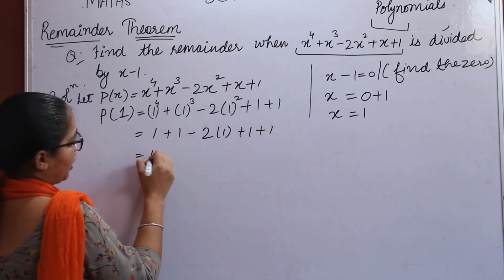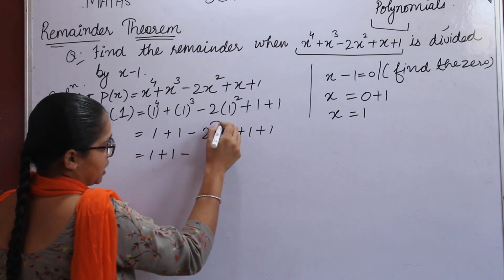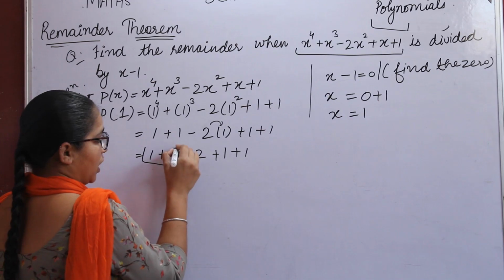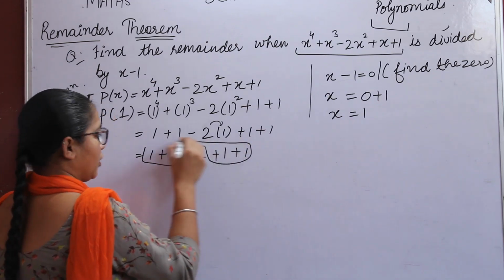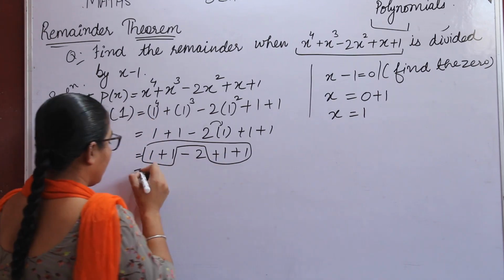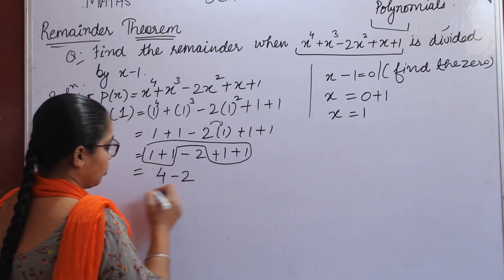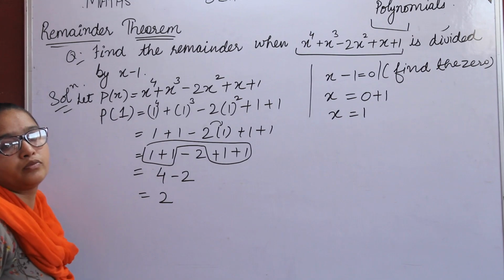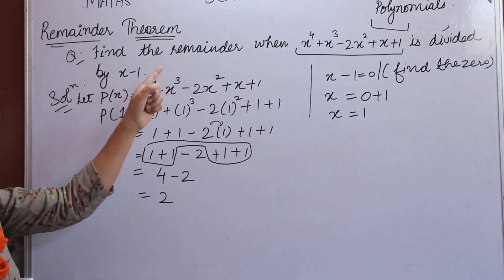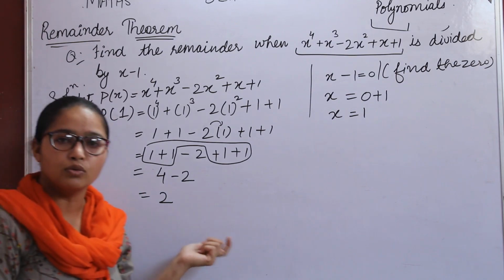So it would be 1 plus 1 minus 2 ones are 2 plus 1 plus 1. So now adding the positives, 1 plus 1 is 2, 2 plus 1 is 3, 3 plus 1 is 4. It would be 4 minus 2, answer 2. Got it? So the remainder is 2.